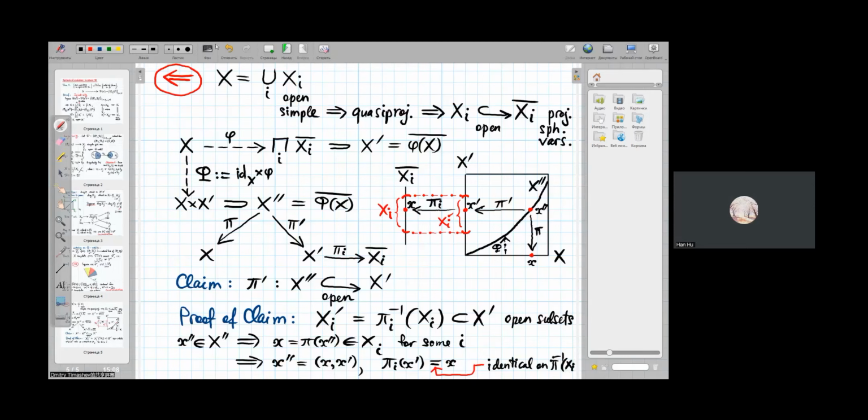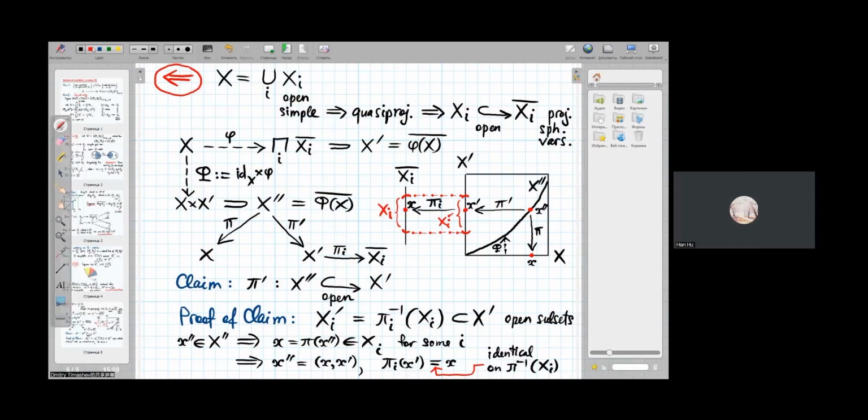Let me do it with more space. This holds identically on the inverse image of xi under pi.